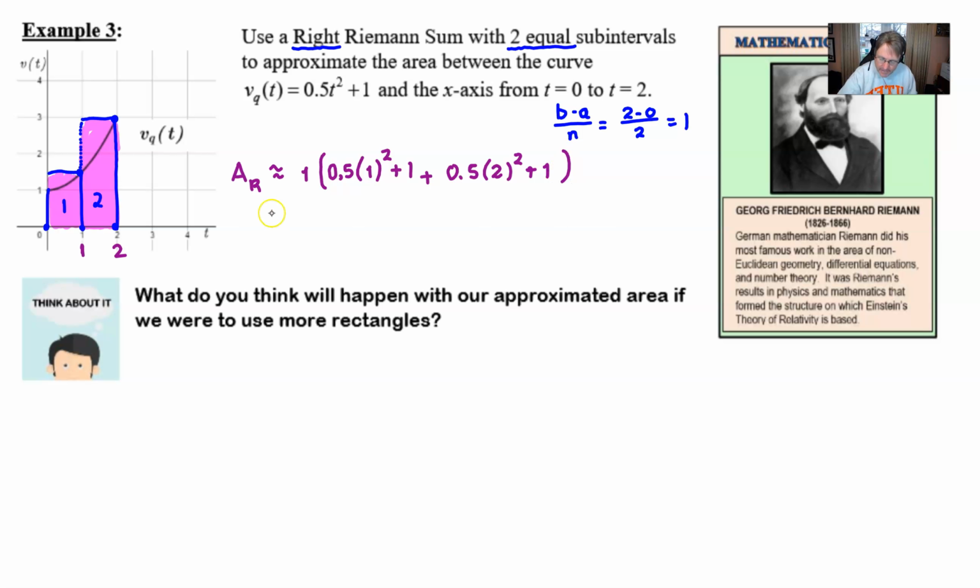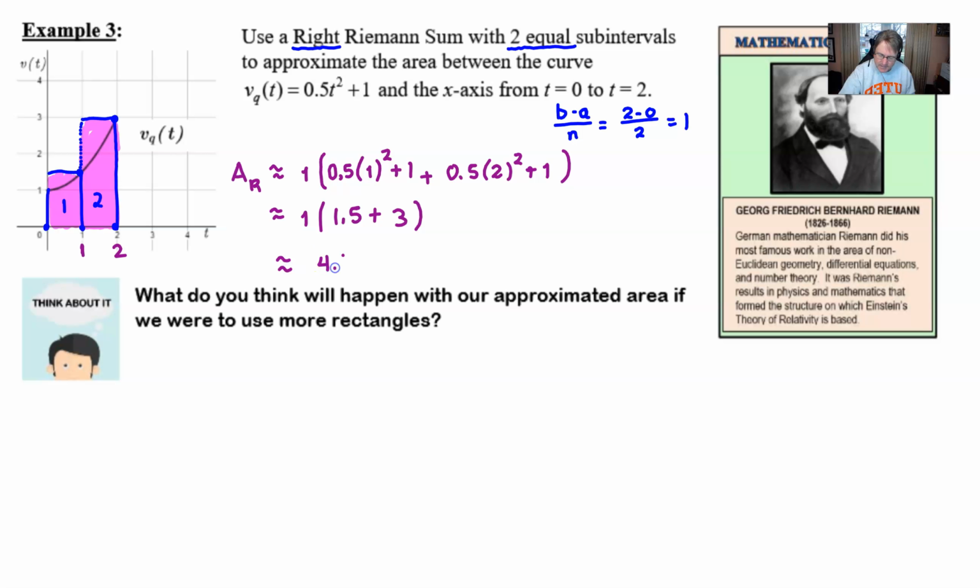Okay, so let's see what we've got. We have 1 out in front times, well, 0.5 times 1 squared plus 1. We already talked about that. That's 1.5. And then over here, well, let's see how this is going to work out. 2 squared is 4. 0.5 times 4 is 2. And then 2 plus that 1 is 3. Hopefully you guys follow that okay. And then, of course, 1.5 plus 3 is 4.5.